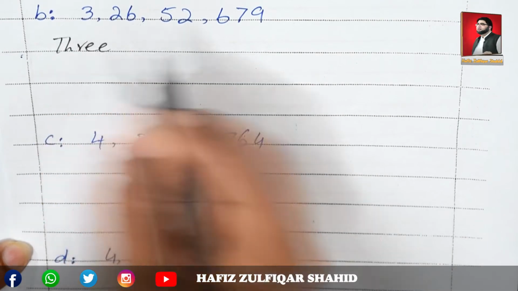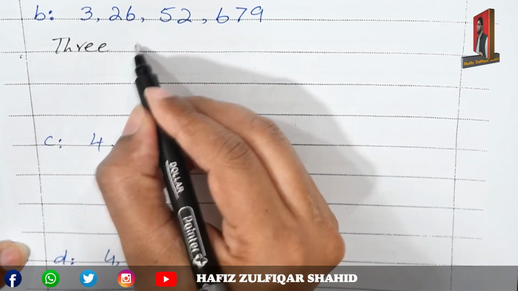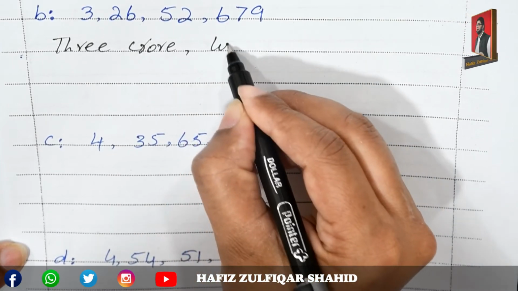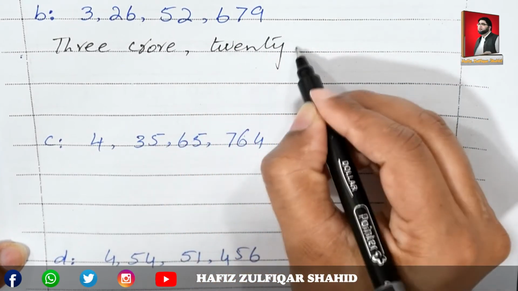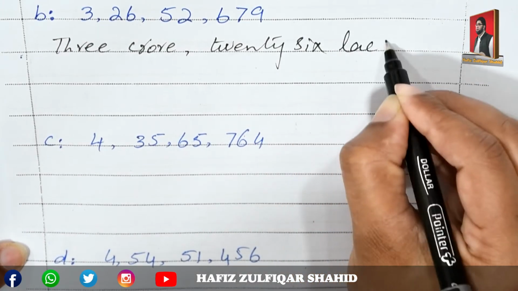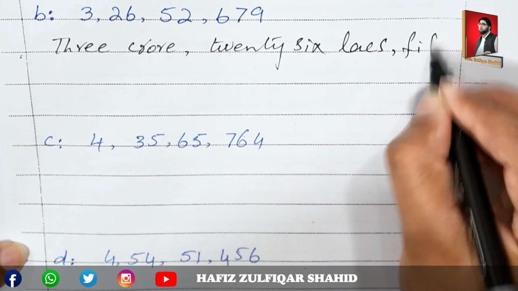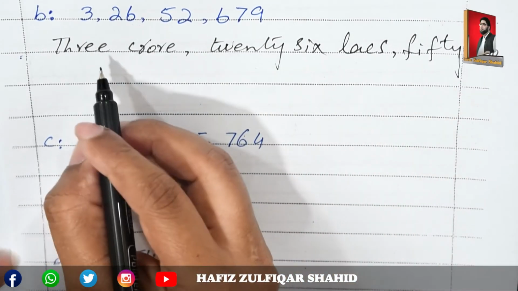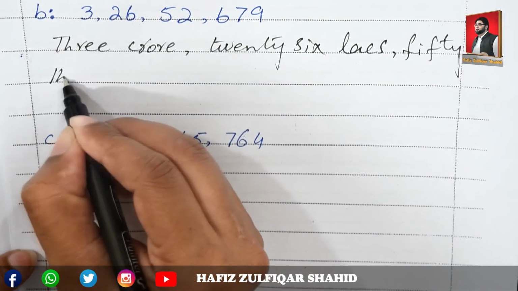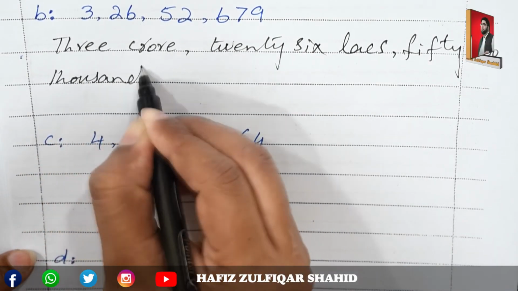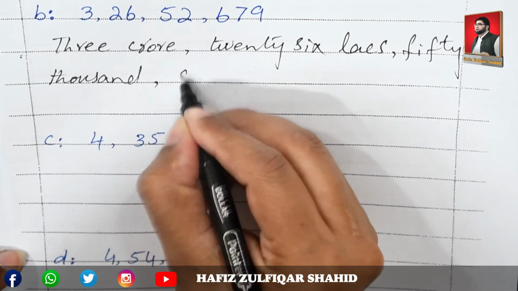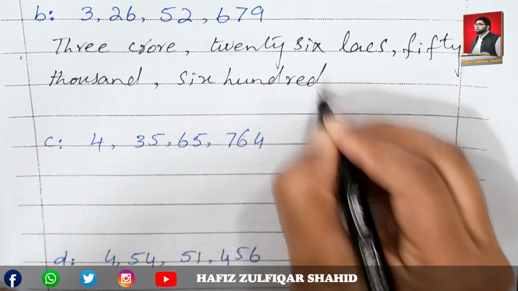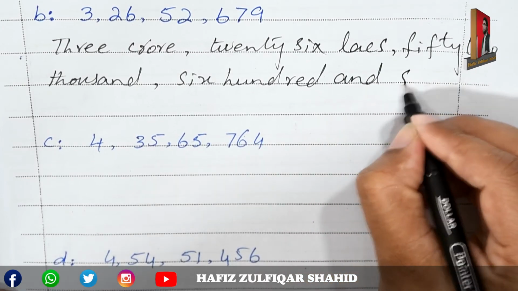When we write this amount in words, we will write 3 crore 26 lakhs 52,600 and 79.